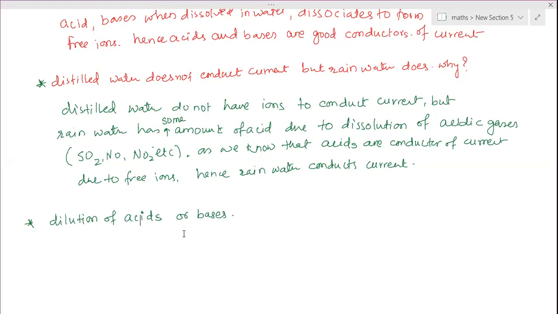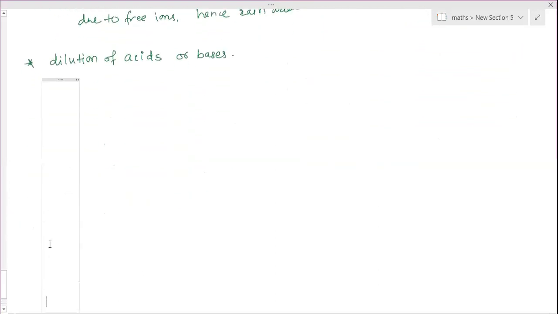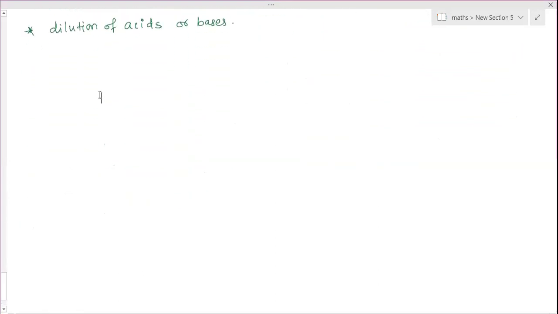The amount of water, or amount of solute? Yes, ma'am. In the dilute solution, the water is more, and in the concentrated, the water is less. Okay. So dilute acid is that acid in which the amount of water is more than the amount of acid.